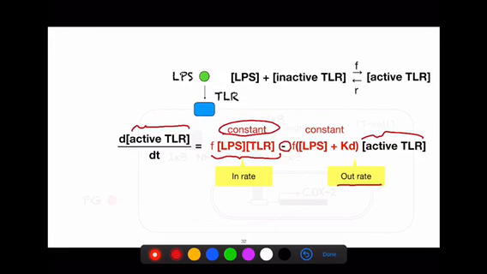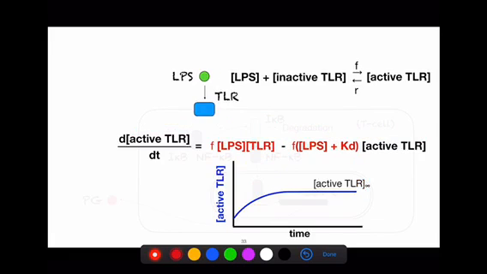And multiplied by that is just a constant. So basically the format we have is just the same as what we had before. Some in rate constant minus some constant multiplied by itself. So you know the solution to this already.